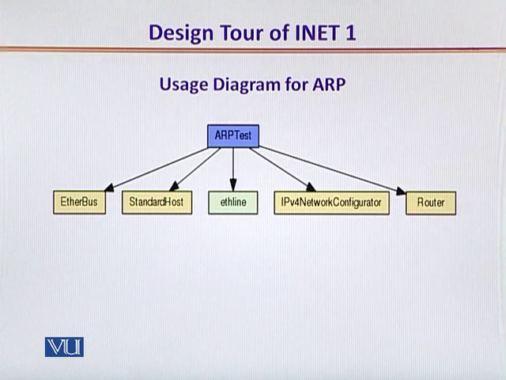From a network perspective, ARP uses the EtherBus standard host, the Ethernet line itself, the IPv4 network configurator, and the router. All these are compound modules which are used in this ARP test scenario.